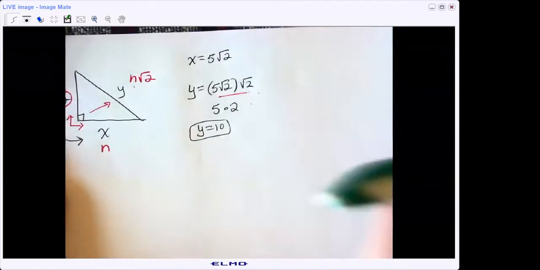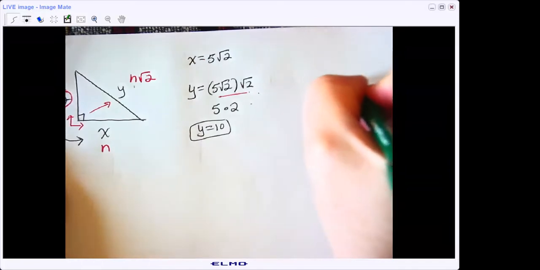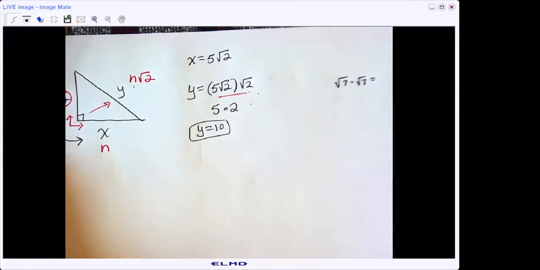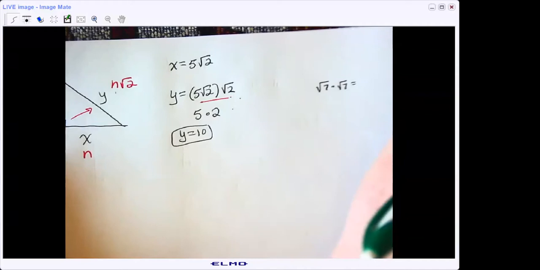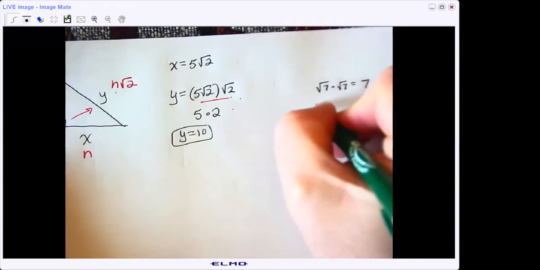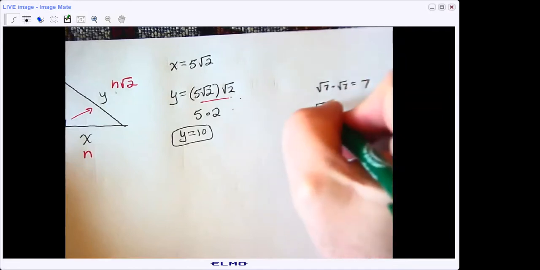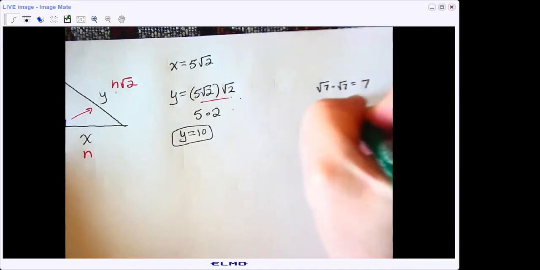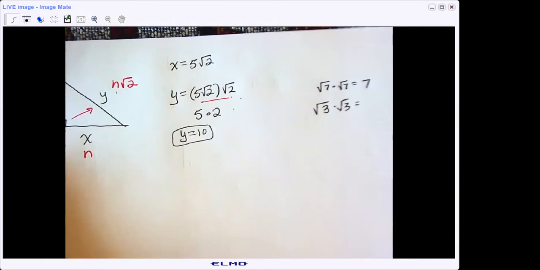Because I think we talked on Wednesday that the square root of 7 times the square root of 7 gives me what? 7. Okay, the square root of 3 times square root of 3 is 3.